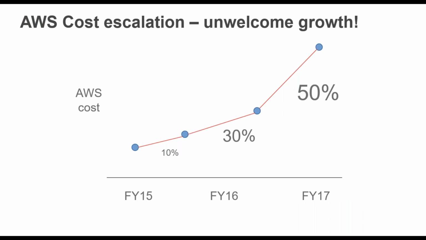I first became very familiar with AWS when we did our budget for 2017, and we asked all of our teams in all of our business how much requirement they have for AWS for the upcoming year, and the collective answer was that we needed an increase of 50%. And this wasn't of a small base either.